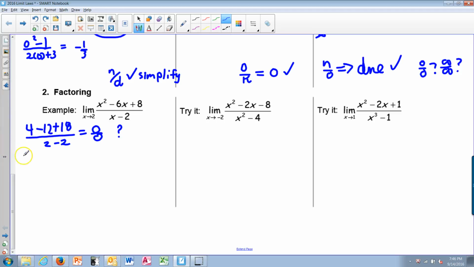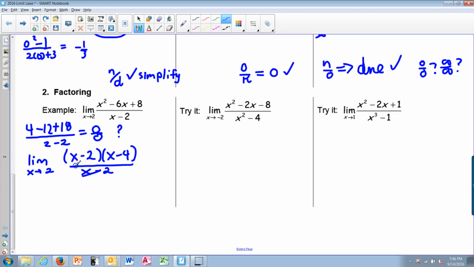So getting a 0 over 0 automatically means that x equal to 2 is a factor or a solution to both the numerator and the denominator. It's a 0 of both functions. So I'm going to keep my limit notation. I'm going to factor the numerator. And the nice thing is, since x equal to 2 was a 0, I knew that x minus 2 had to be a factor.